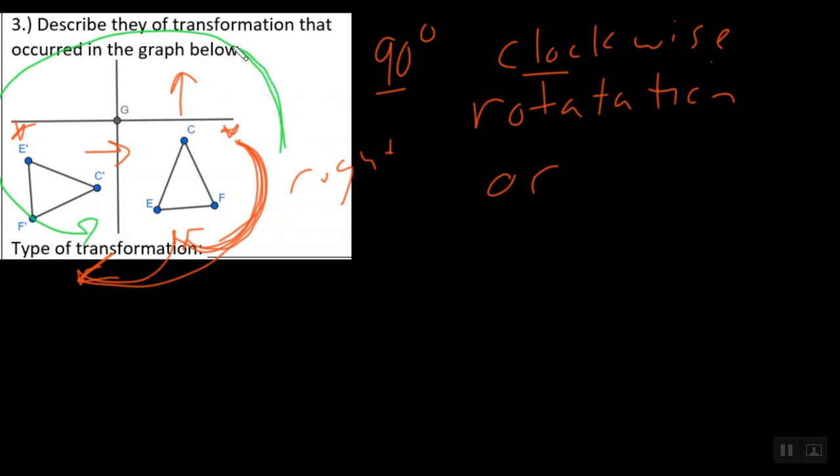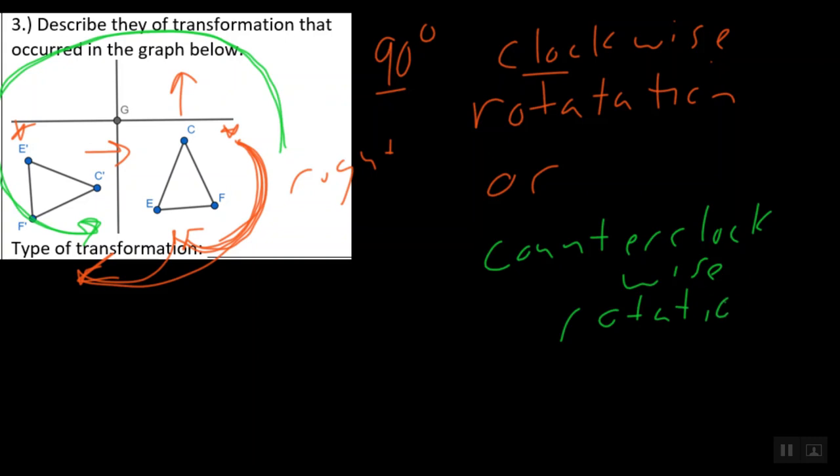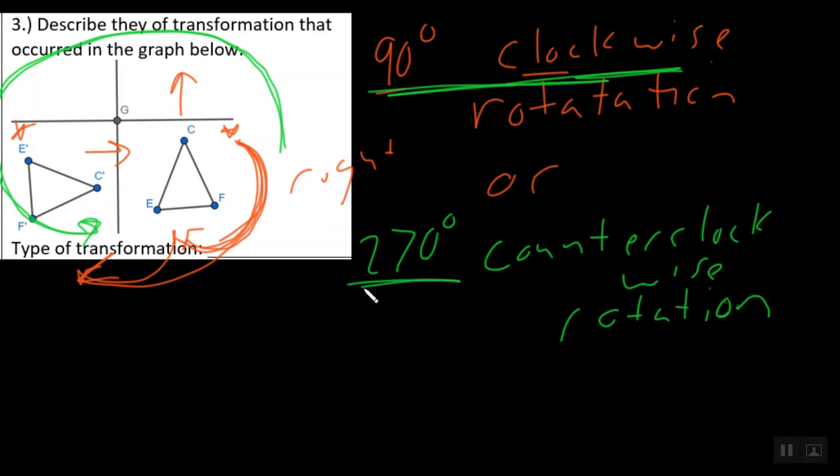We could have rotated 3 quadrants to the left, or 3 quadrants counterclockwise. And if you go 3, that's actually 270. So one thing to understand is that a 90-degree clockwise rotation is the same as a 270-degree counterclockwise rotation, okay? So like I said, this is the one that concerns me the most.